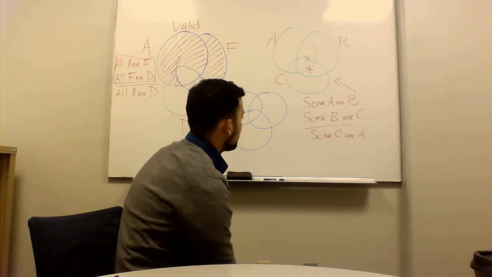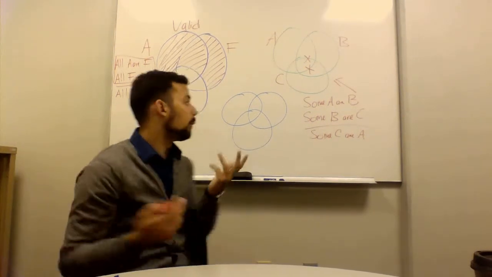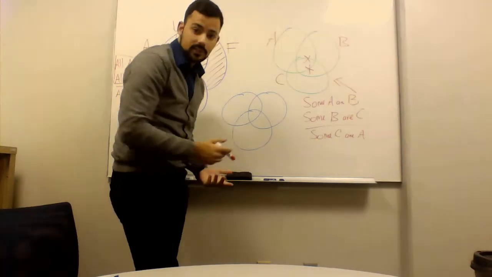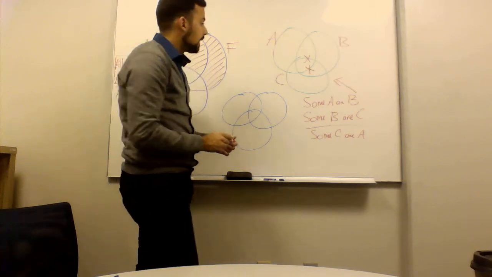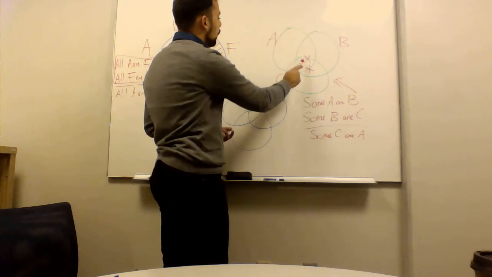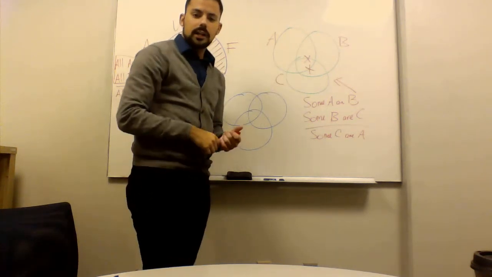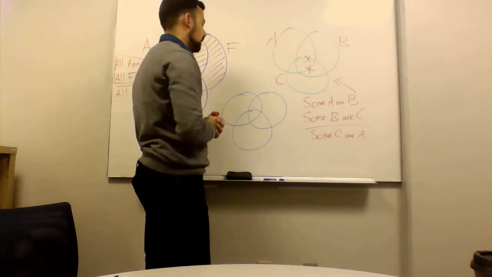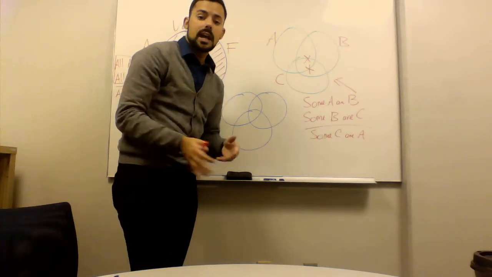Well, it says some C are A, and if that was true, we would have an X in an area where there are C's and also A's, right? And you may say, well, Professor Balaver, we have halves right here in the central area, two halves of X's in there, so then it must be valid, right? Wrong. That is not true.